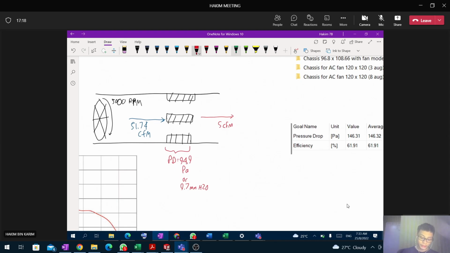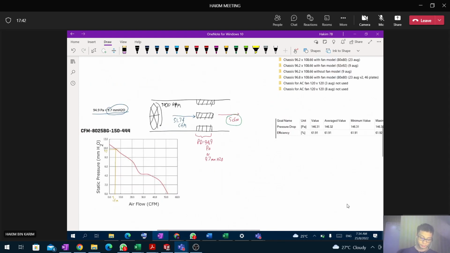So this is the amount of air which is going to enter the room, 5 CFM, which is definitely not enough to provide adequate ventilation. Our ventilation requirement is 35 CFM, right? So which is why we need another fan to compensate for this pressure drop.